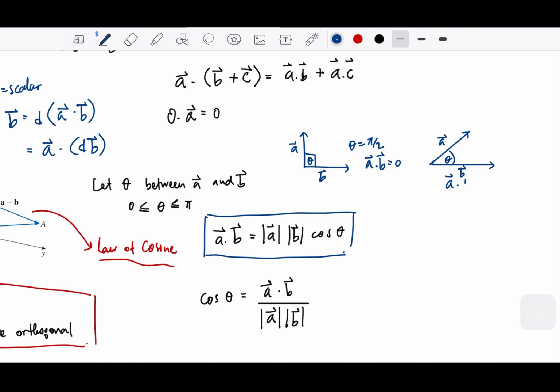Then A dot B will be a positive number. And similarly, if you have an angle that is more than pi over 2, so theta is obtuse, you can imagine theta is greater than pi over 2, this dot product will be a negative value.